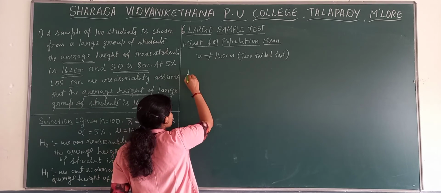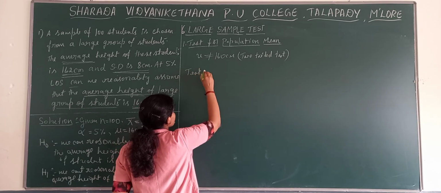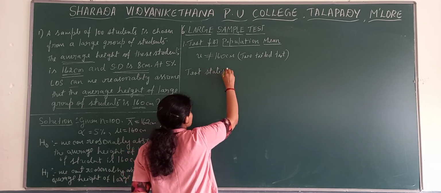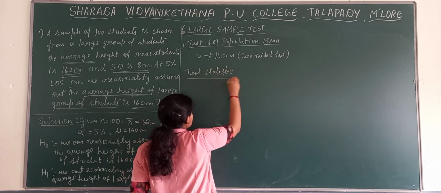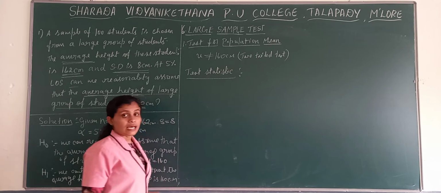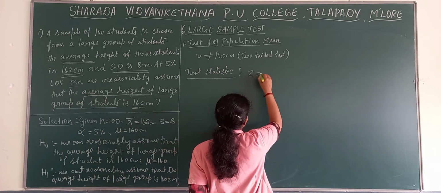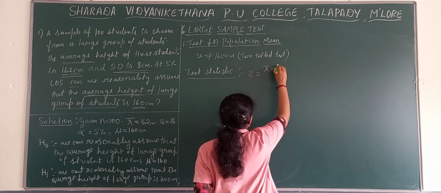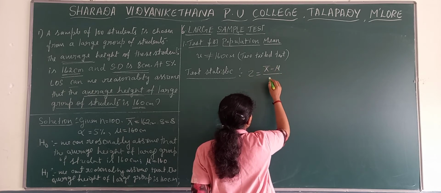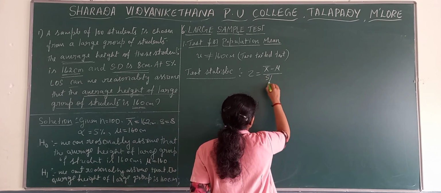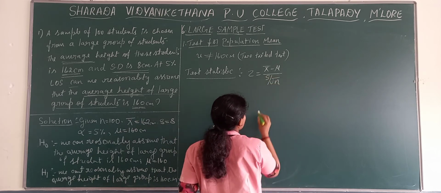Test statistic. Write the formula there: Z is equal to x bar minus mu divided by S, the sample standard deviation, divided by root n.